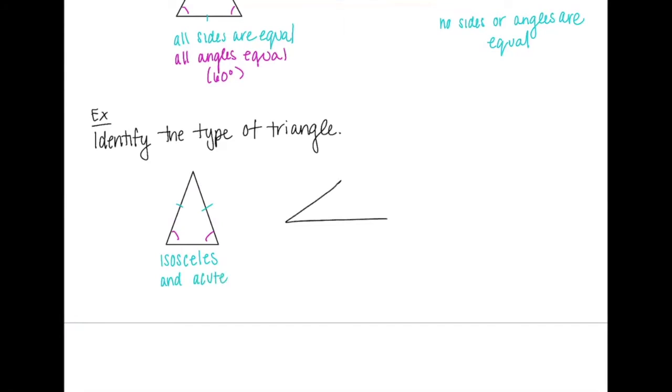If I change this diagram slightly, and I still say these two sides are equal, this is also isosceles, but now I've got this large angle here that's definitely more than 90. It's isosceles and obtuse.